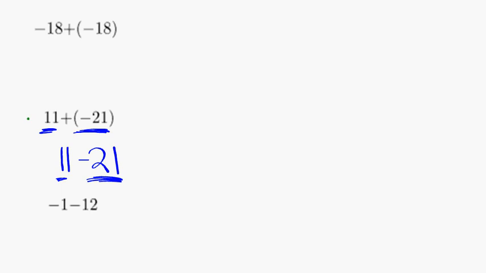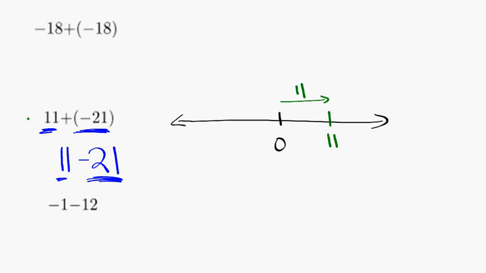So let's see how this looks. Let's start at a positive 11. So this arrow has a length of 11. We are now subtracting 21, so we're going to go left 21. Notice this arrow is longer because it's bigger than 11.